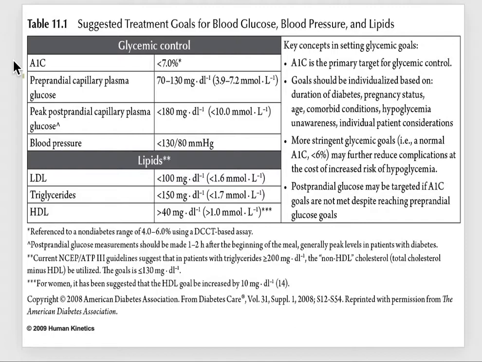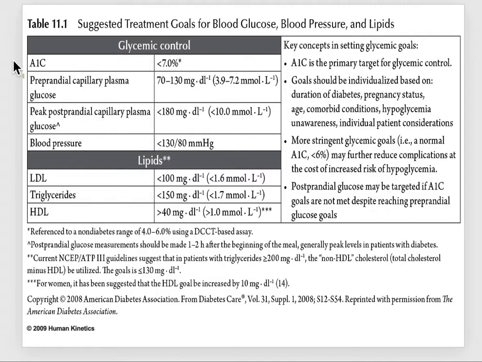Preprandial capillary plasma glucose levels should be between 70 and 130. Preprandial is before you eat, so your sugar levels should be between 70 and 130. Peak postprandial, which is after you eat, should be less than 180. And the blood pressure should be always, always, always less than 130/80, which I don't know if I've mentioned in this class. So for a healthy person, the blood pressure guideline is lower than 140/90.